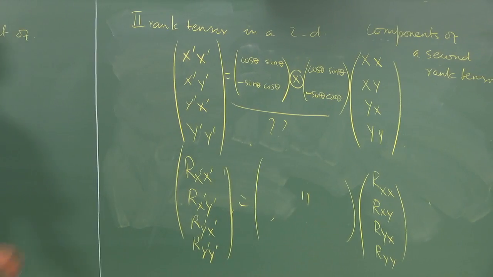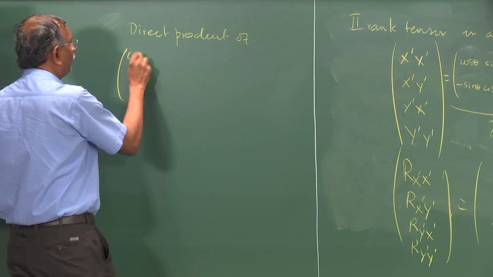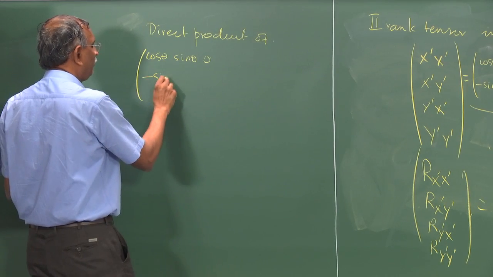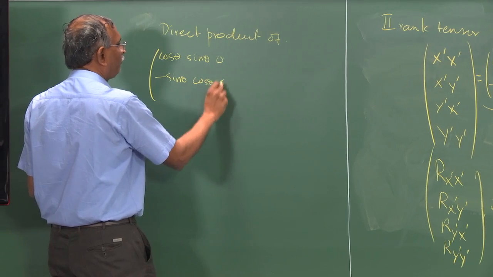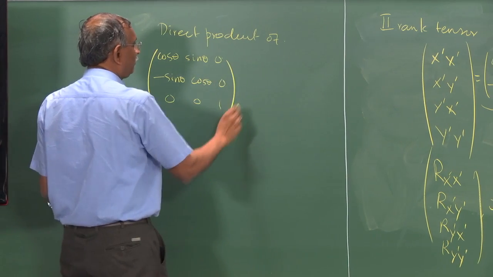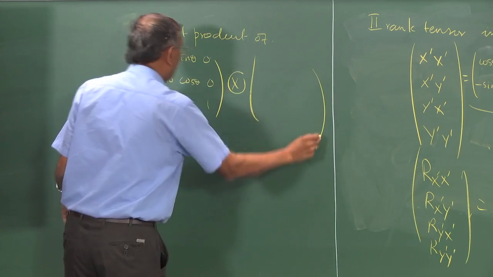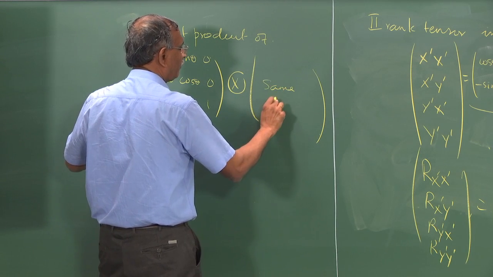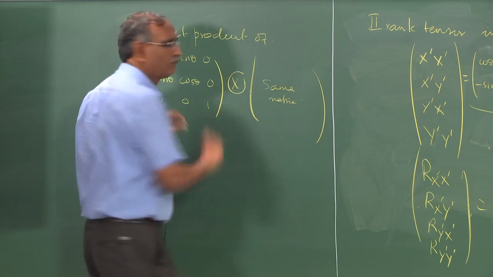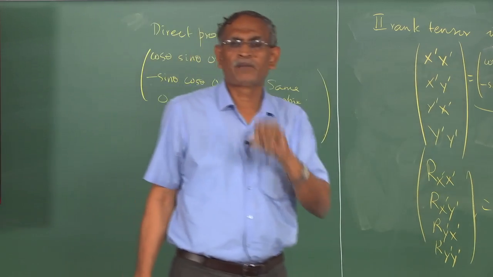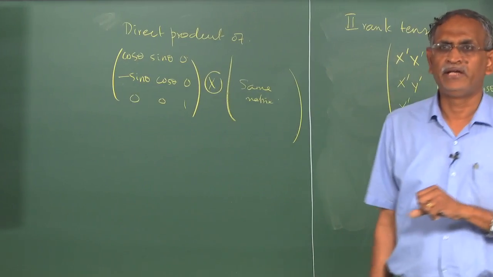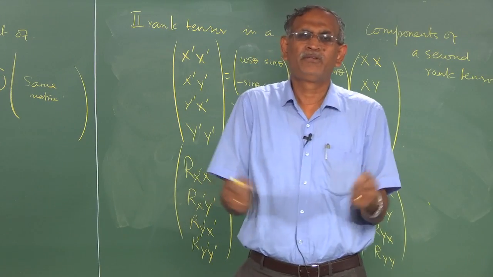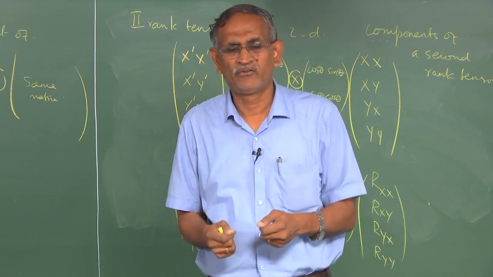Do this multiplication, and I will give you one more, which is cos theta, sin theta, 0, minus sin theta, cos theta, 0, 0, 0, 1 with itself, the same matrix. So a simple practical exercise of this kind will give you some confidence in the elementary mathematics associated with what are known as tensors.